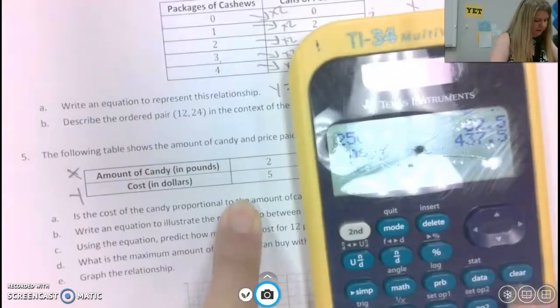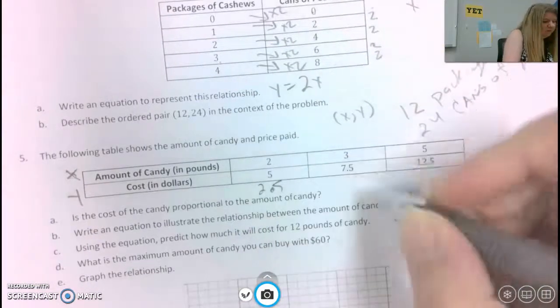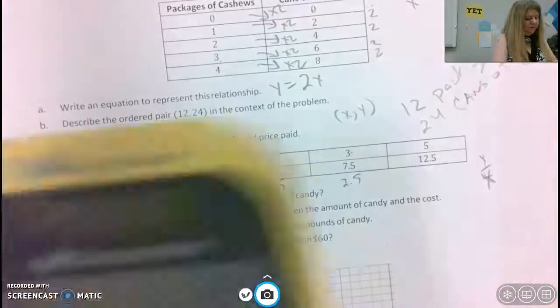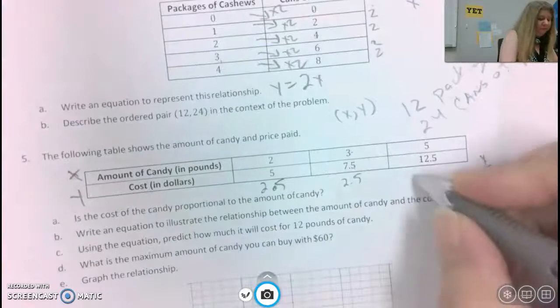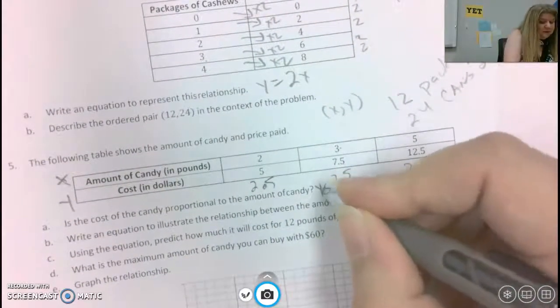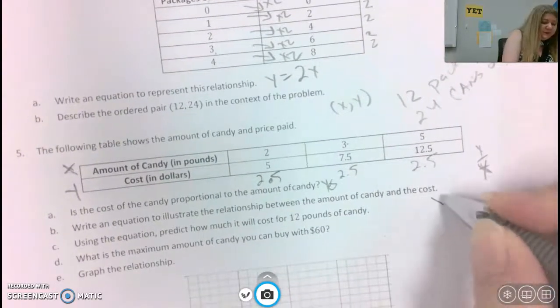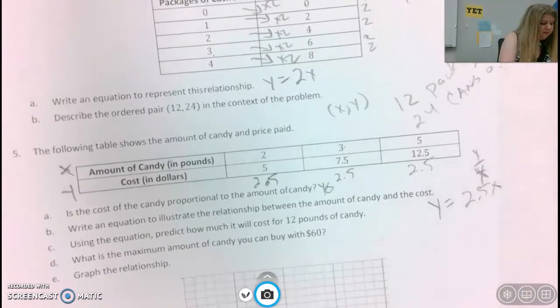So 5 divided by 2 is 2.5. 7.5 divided by 3 is 2.5. 12.5 divided by 5, I don't know that one, 2.5. So, is it proportional? Yes. There's a constant unit rate, or constant of proportionality. The equation would be y equals 2.5x.